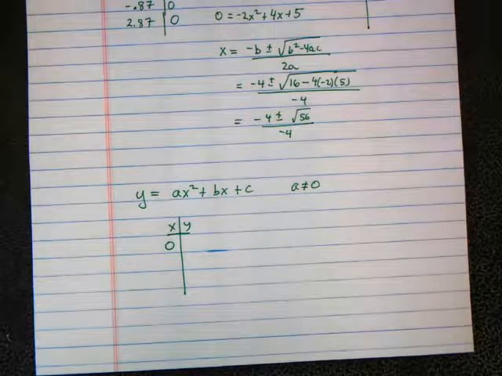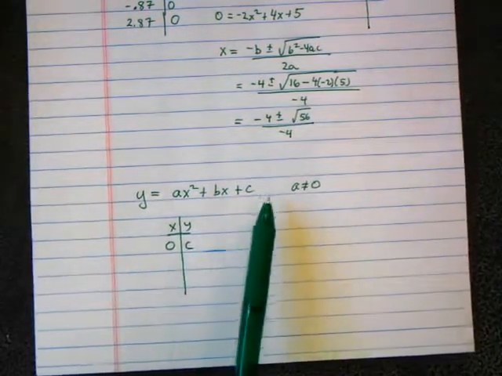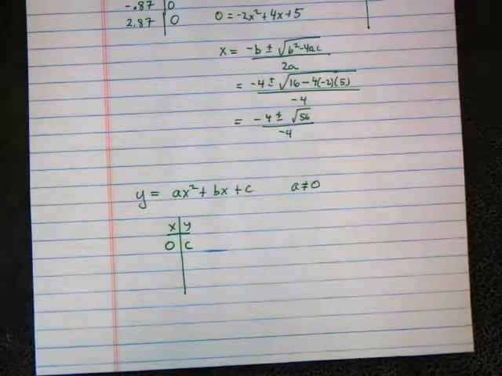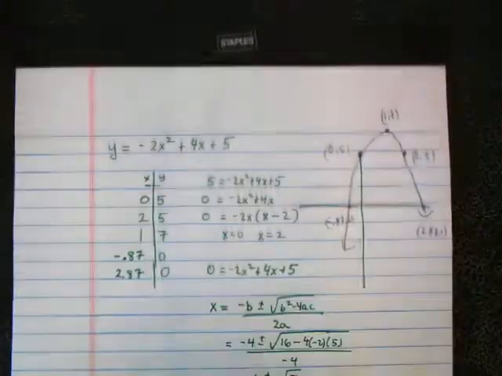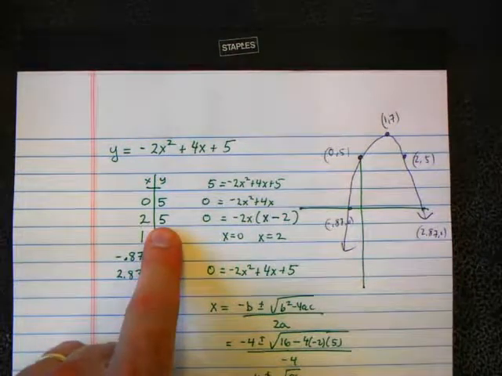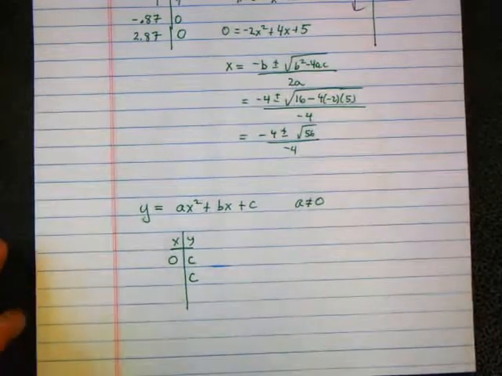I'm plugging 0 in for x, which is c. So this number c is important. This number c always gives us the y-intercept. I plugged in 0, and I got 5, and then I plugged in 5 for the y number. So now I plug in c for the y number.